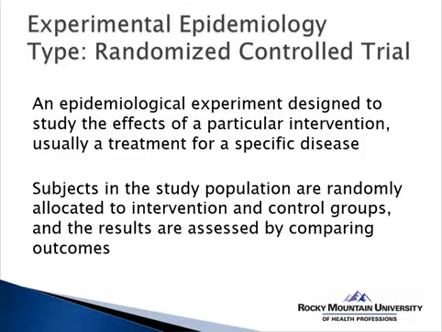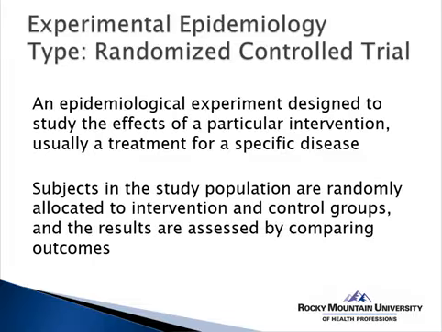Randomized controlled trials are experimental studies designed to look at the effects of a particular intervention using a treatment for a specific disease. Subjects in the study population are randomly allocated to intervention and control groups, and the results are assessed by comparing outcomes. I think we're familiar with these. We're going to talk about randomized controlled trials in the near future.